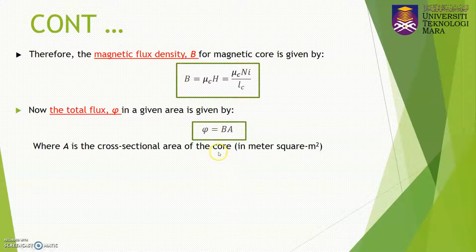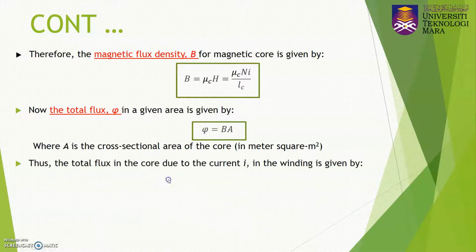So the total flux in the core due to the current I in the winding is given by phi, your total flux, equal to B multiplied by A. From here, B is given by mu C multiplied by Ni divided by LC, so you just substitute.